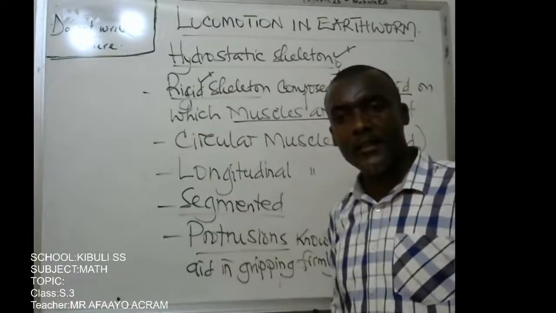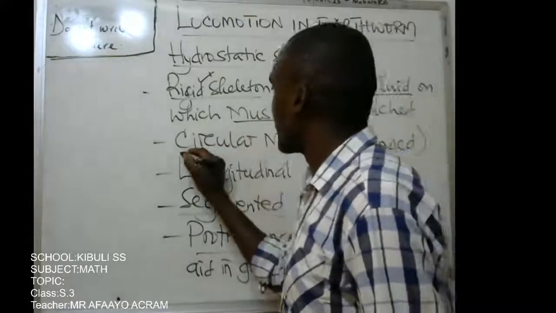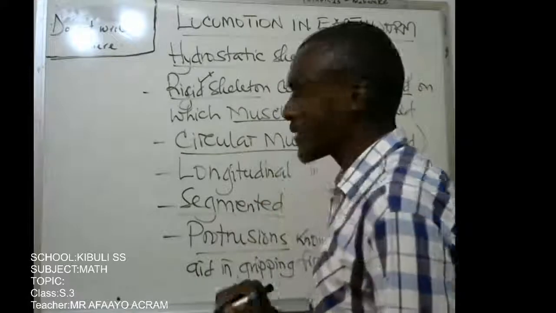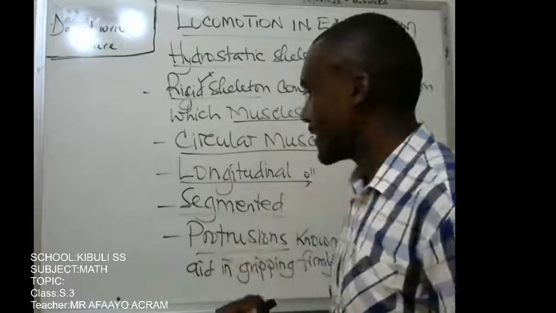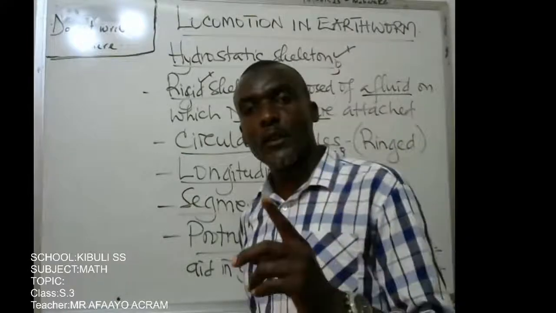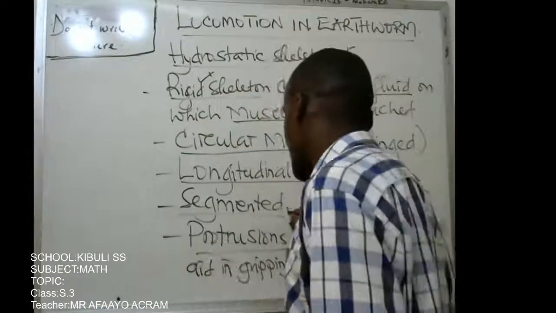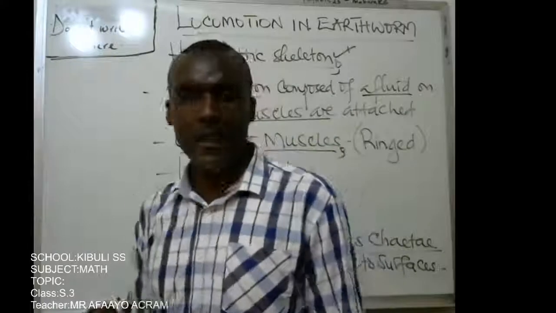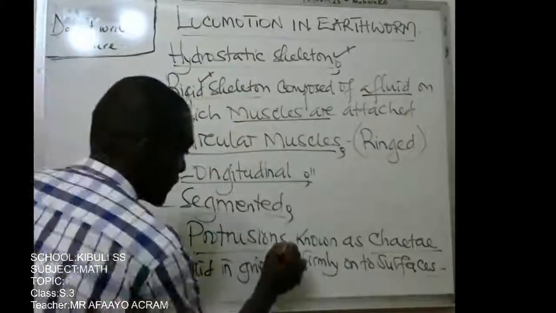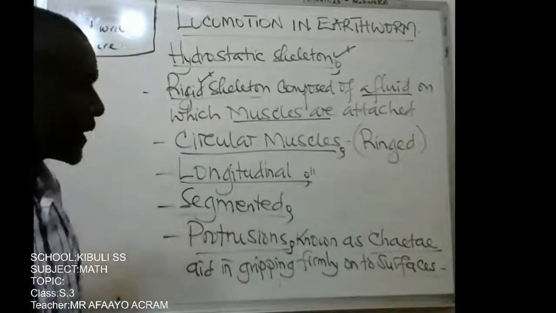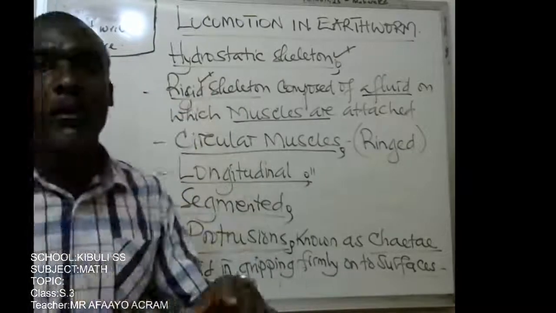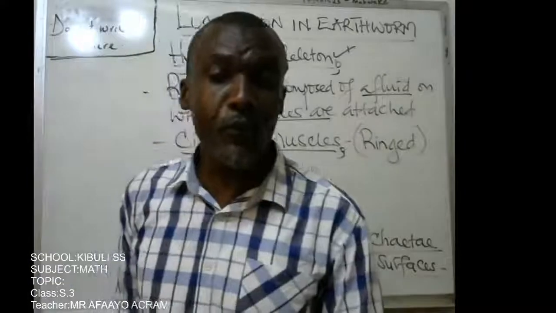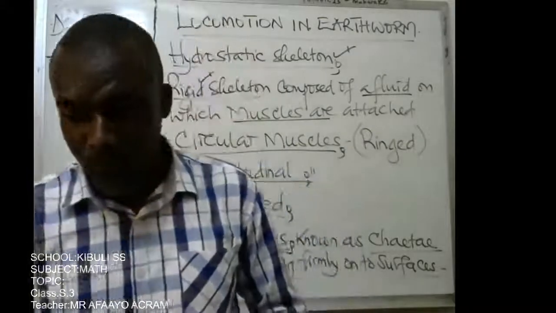There are two sets of muscles in the earthworm: circular muscles and longitudinal muscles. The body is segmented and has protrusions. This gives us a basis for discussing how the body of an earthworm is able to move from one place to another.